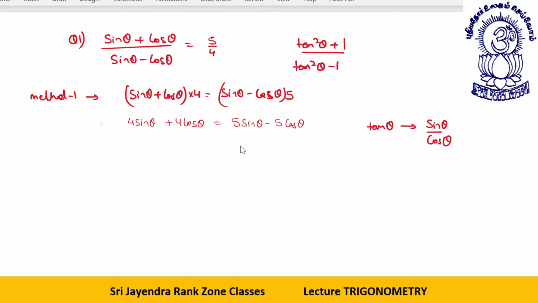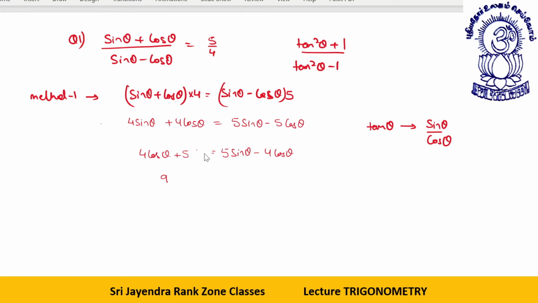Now 4 cos theta will come over here, and this 5 sin theta will come over here, and it will be added.